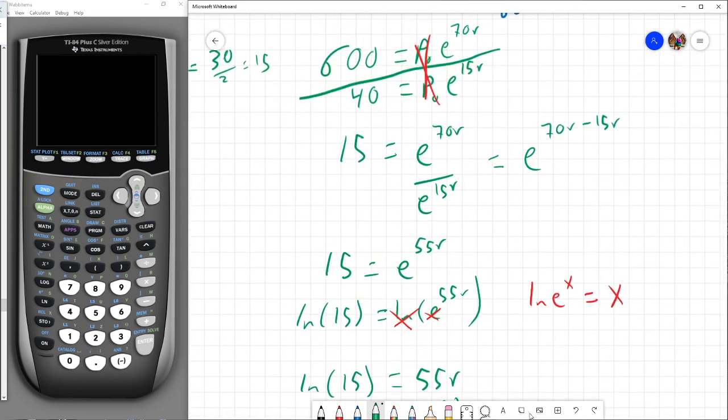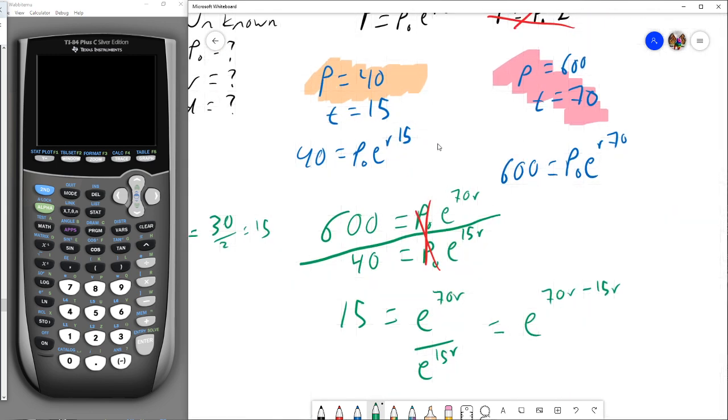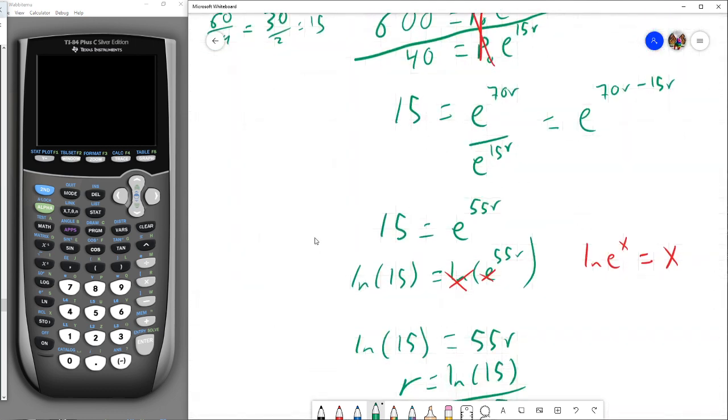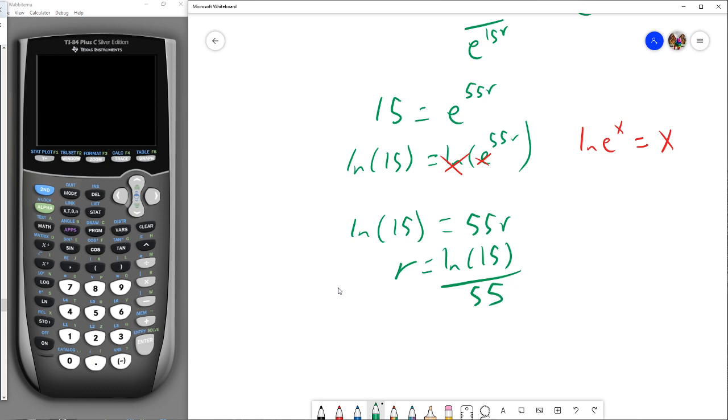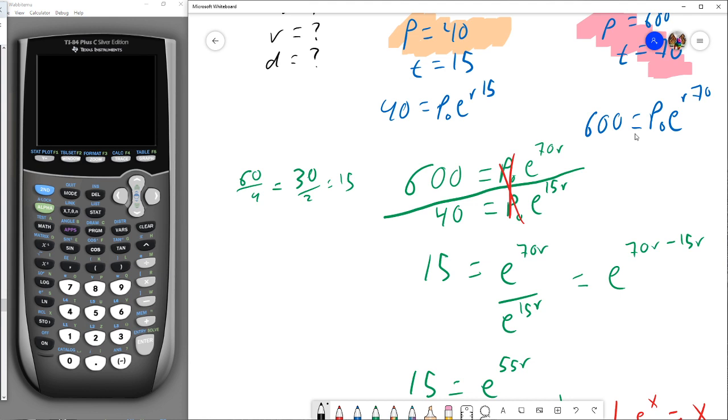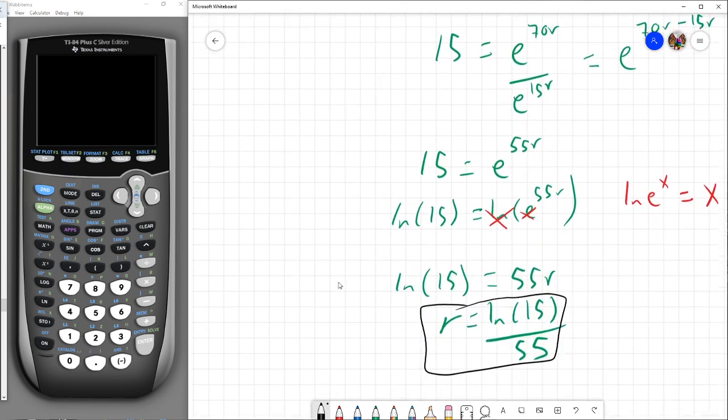Alright, now that we know what r is, we can answer the first question, what is the initial population? To answer that question, I'm going to simply take my r value and plug it back into this equation or this one. Doesn't matter which of the two equations I plug it into, I'll just plug it back into this one.